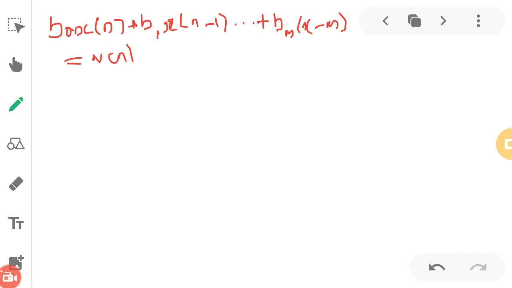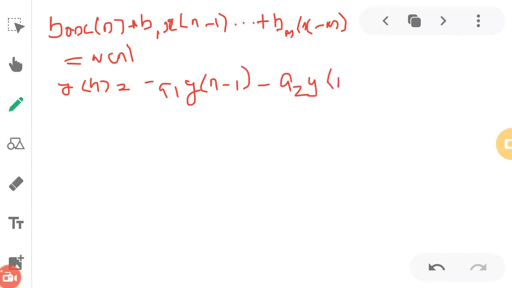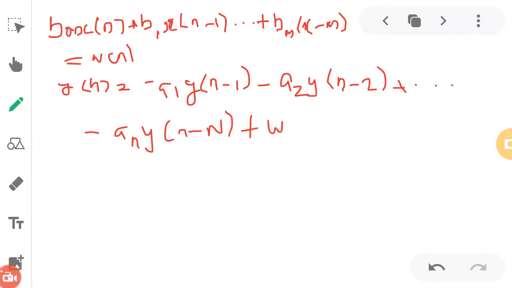Then we write the function as y of n is equal to minus a1 y of n minus 1, minus a2 y of n minus 2, etc. The last term will be minus an y of n minus N, plus w of n.